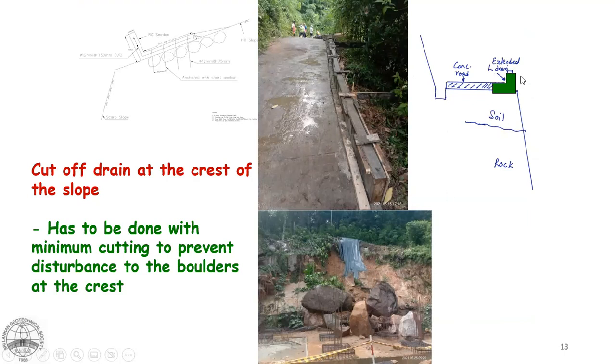So trying to cut to make a drain here would have caused some further instability. So therefore, the road surface, which was concrete, right, and an L drain was connected to that. So that is the L drain, right? Sloping ground was over here. So the L drain was connected.